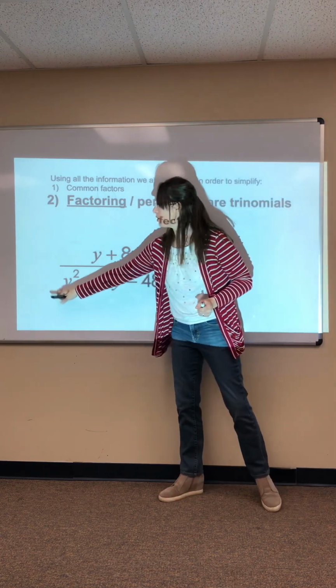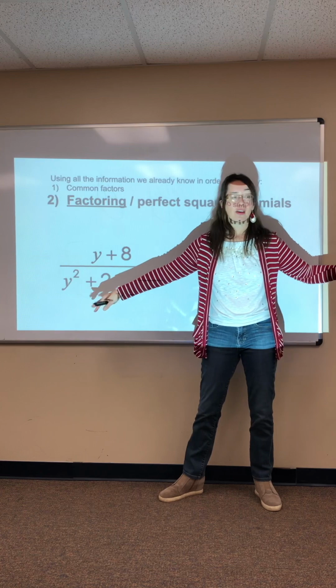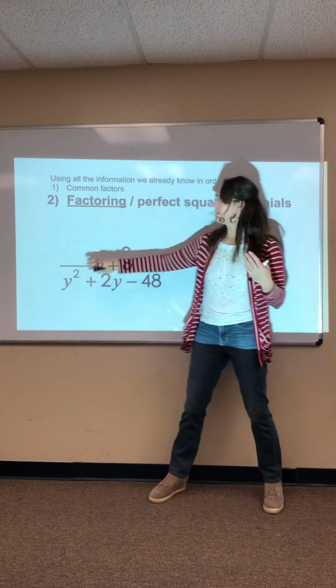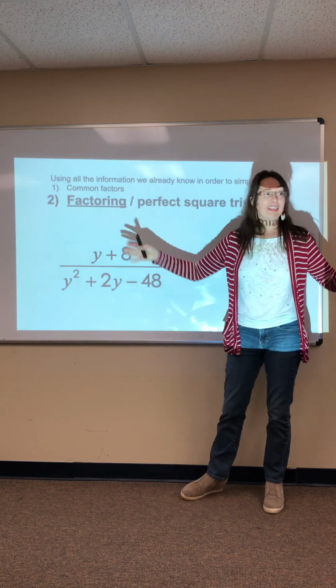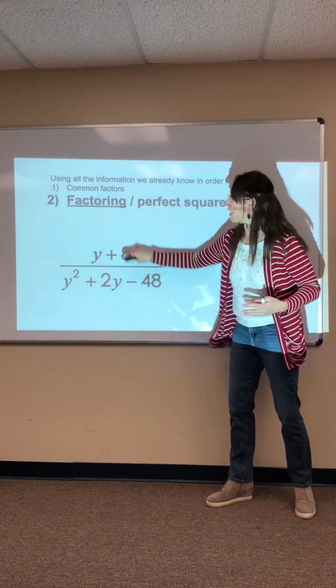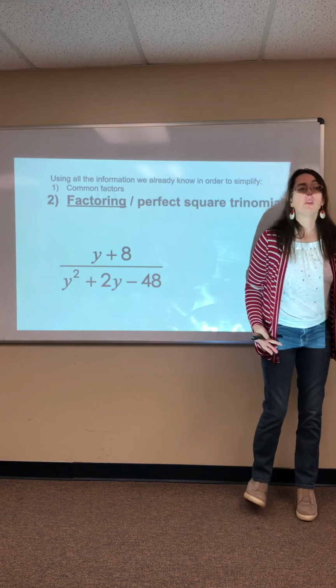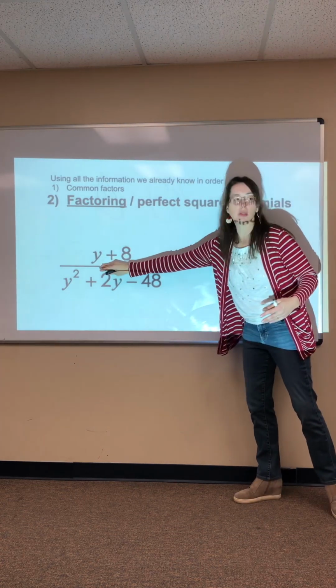So if our coefficient of y is 1, is there anything that we can pull out? No. So every time we see a coefficient of 1, what does that tell us? It's simplified. There are no other common factors that we can pull out. So if we can't pull out a common factor, can we factor it a different way to break it down smaller? Is this as small as it can be?